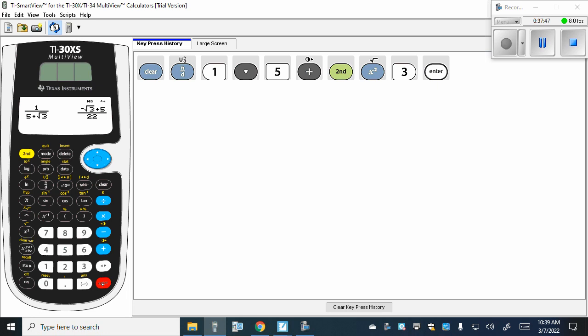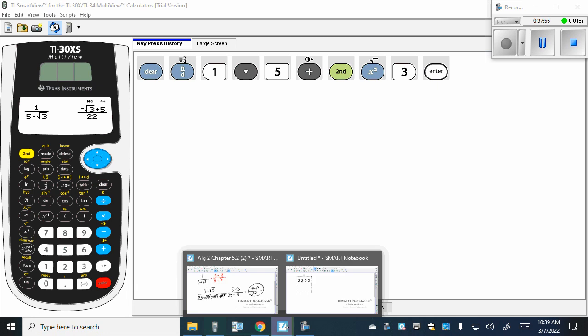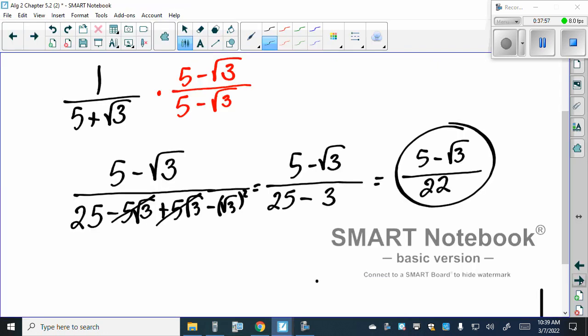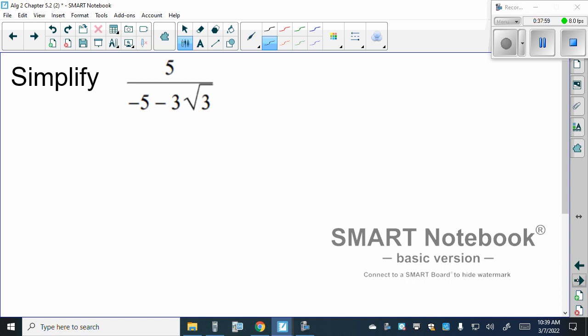The yellow calculators will actually simplify these for us. So there's not a whole lot of need for these here. So any of the rest of these, even with radicals, the yellow calculators will still do it for us. If we had to do it by hand, we're multiplying top and bottom by the denominator, but flipping the signs.